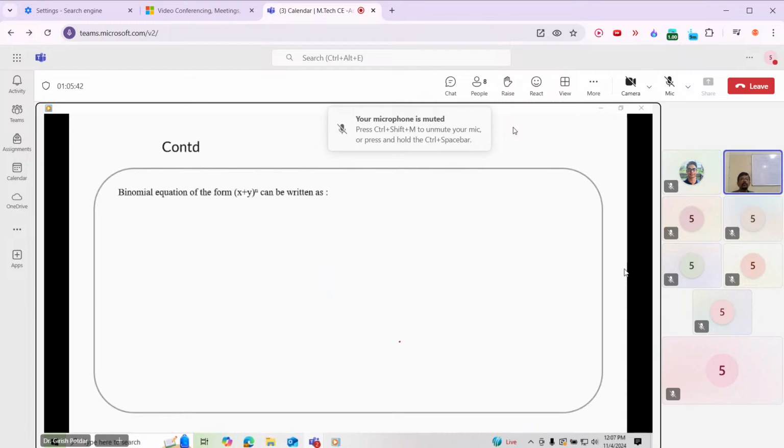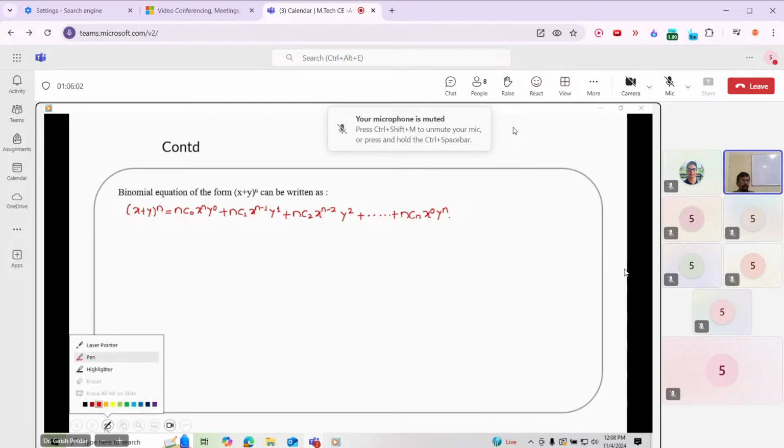Let's continue with a bit more background before we go to the dynamic programming approach. A binomial equation is of the form (x plus y) raised to n, which is equal to nC0 x raised to n y raised to 0, plus nC1 x raised to n minus 1 y, plus nC2 x raised to n minus 2 y square, and so on up to nCn x raised to 0 y raised to n.